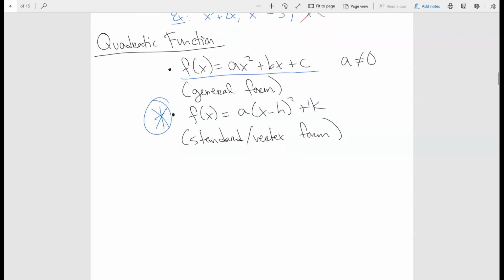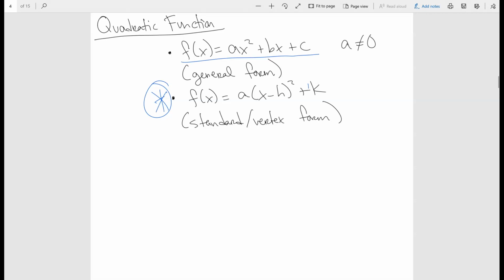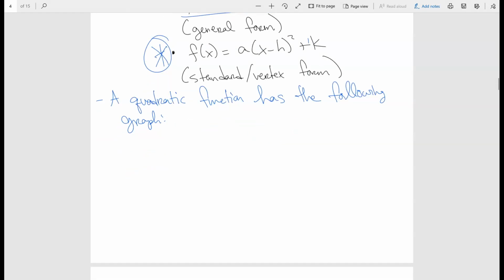Okay, now we already know what a quadratic function looks like. We know that a quadratic function has the following graph. So it looks like this, and we've already seen it.